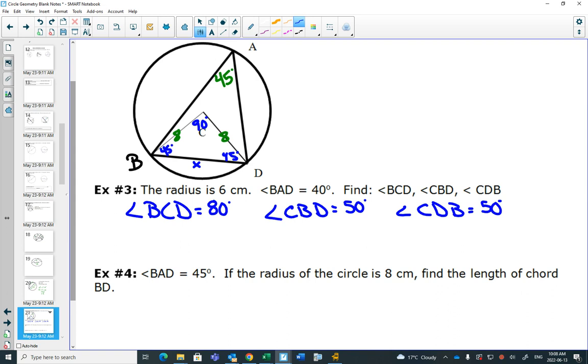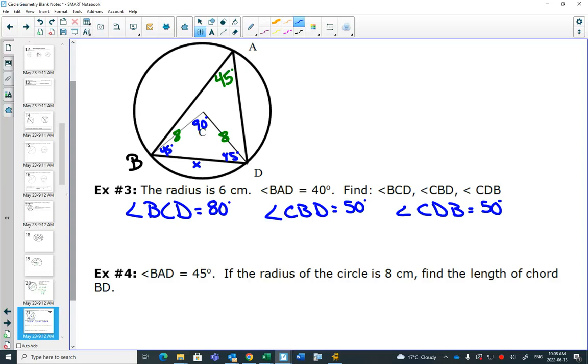Now, how do we find x? Did you guys know that a squared plus b squared equals c squared only works if the angle is 90 degrees in that triangle? Students like to do this all the time, like, ooh, I'll just use a squared plus b squared equals c squared.